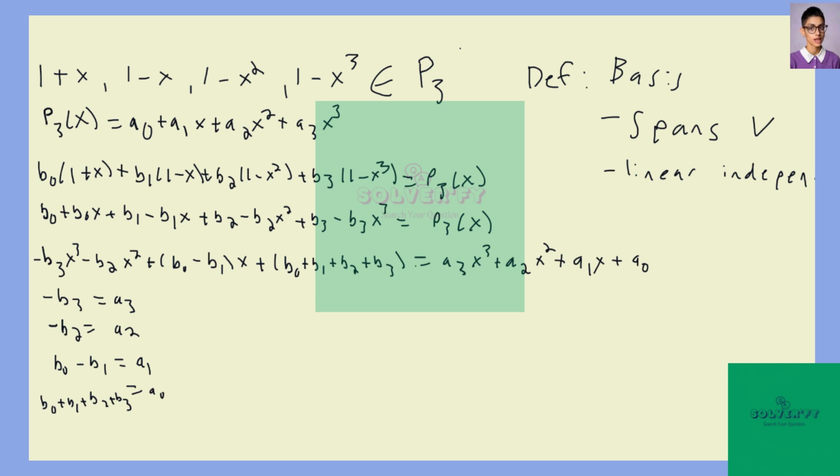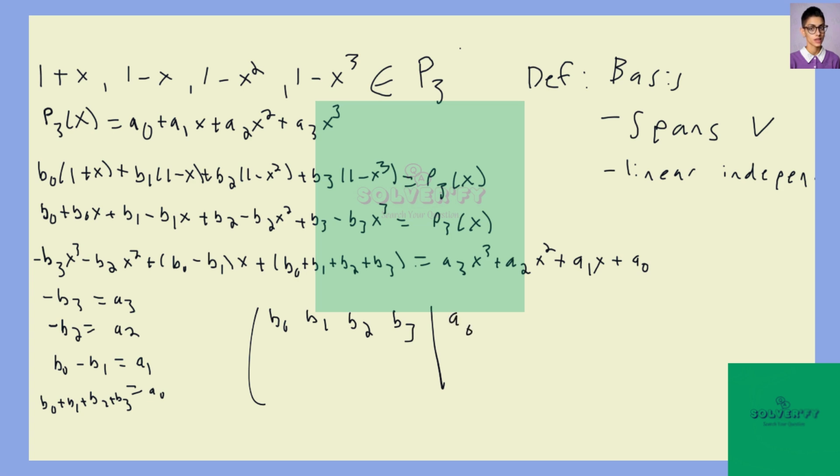So what we can do is write this system as a matrix and then see if this system looks consistent or not. To write this in matrix form, it would look like this. Let's do it this way: b0, b1, b2, b3 is equal to a0.